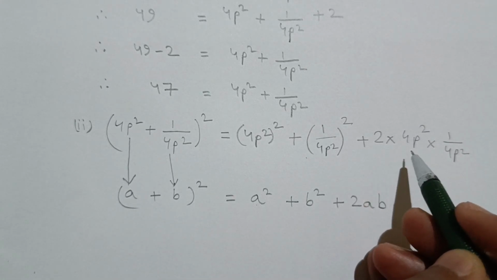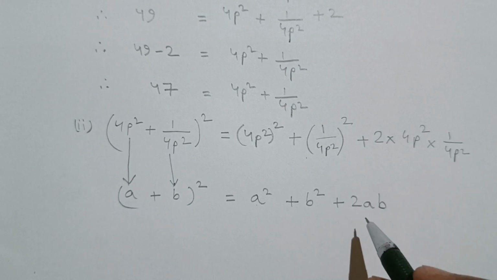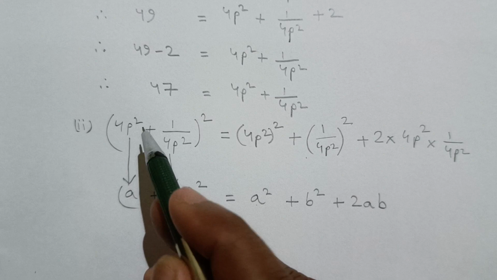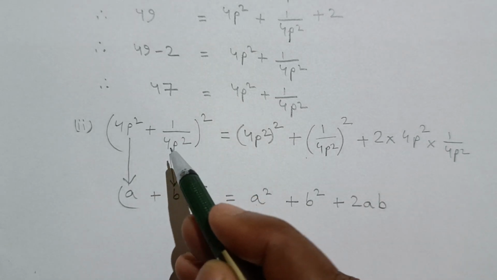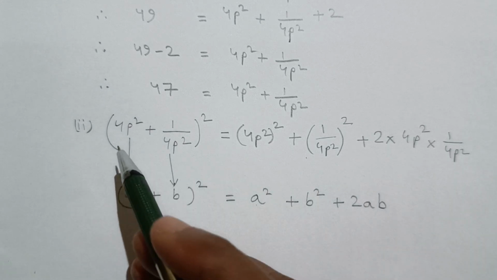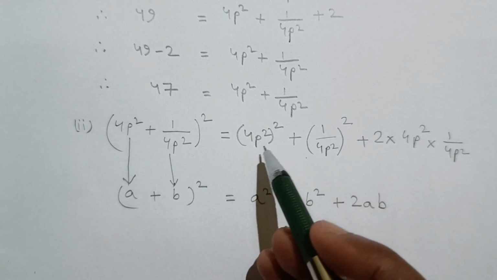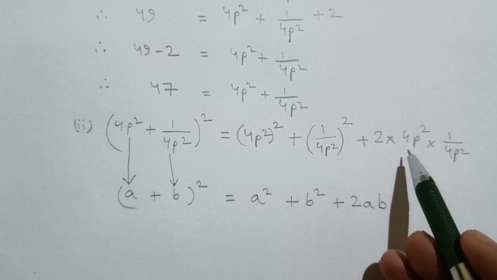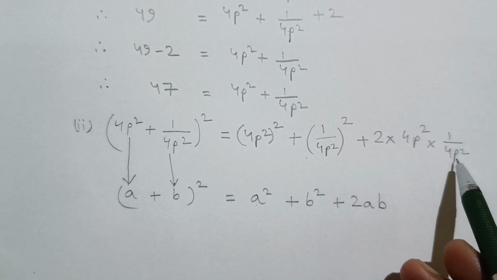So 2 into 4p square into 1 upon 4p square. So 4p square plus 1 upon 4p square whole square is 4p square whole square plus 1 upon 4p square whole square plus 2 into 4p square into 1 upon 4p square.